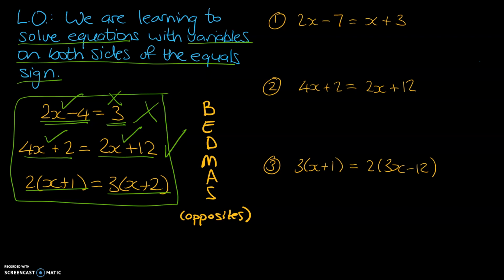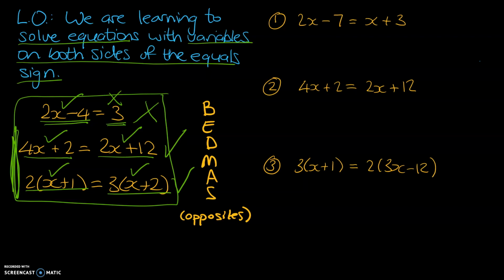The right-hand side has an x inside that bracket, and the left-hand side also has an x, which means that is also an example of a question with variables on both sides of the equal sign. So those bottom 2 questions are the type of questions we're going to be looking at and developing our skills for today.